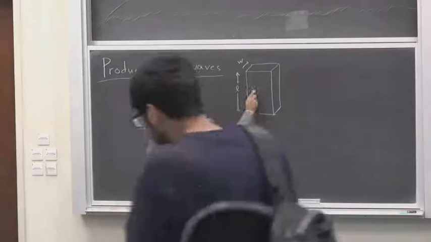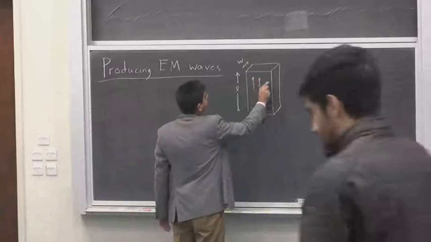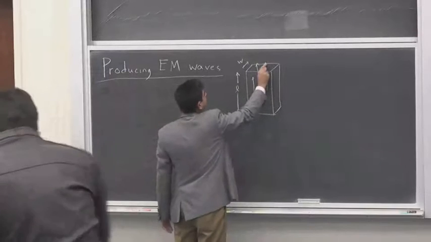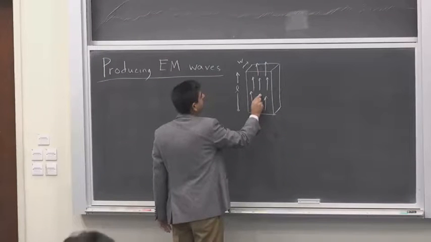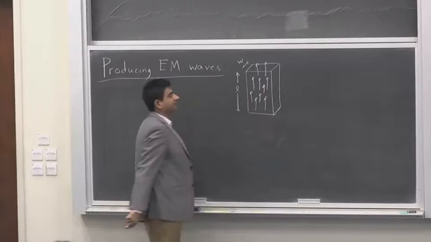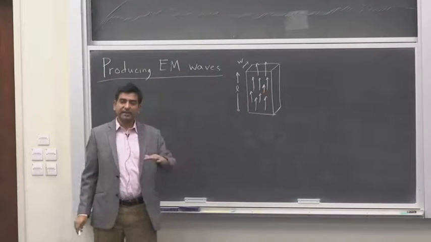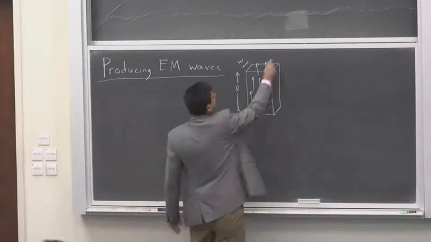Inside there exists an electric field that is uniform and pointing in, say, the vertical direction. It's the same everywhere, and alongside this electric field there is a magnetic field.